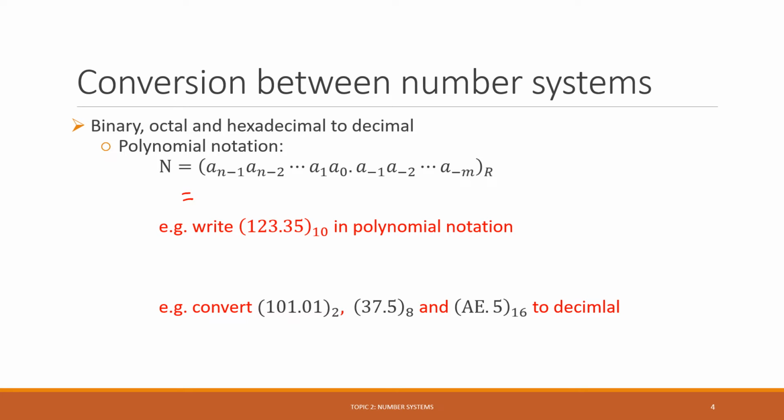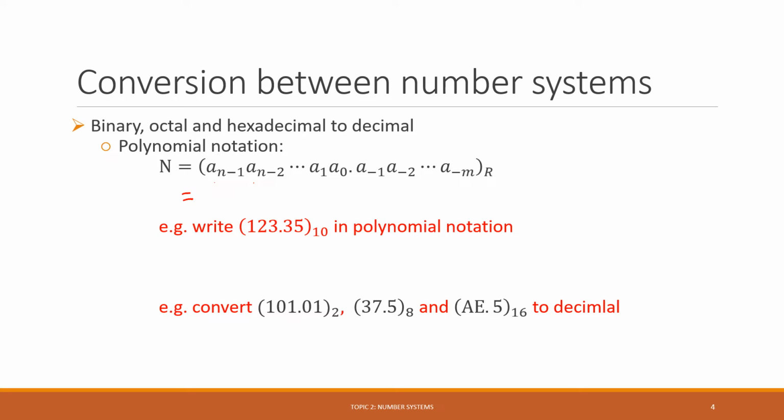So we should know that each bit of this number has its own weight in the number system. The higher the bit, the higher the weight. So MSB has the highest weight and LSB has the lowest weight.